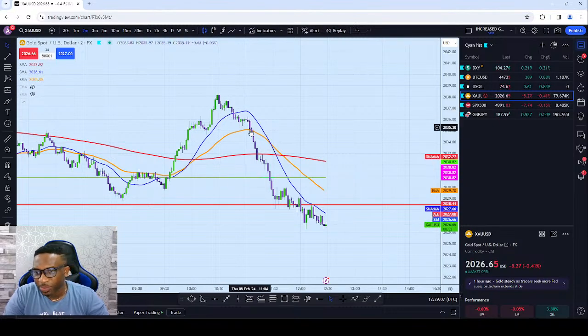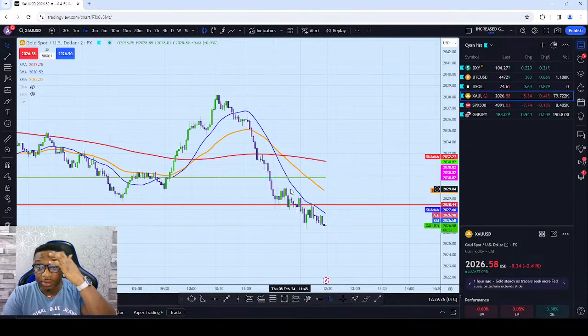So this is gold. Gold had a very nice push down here. This started around 10, almost 11. This would have been a very lovely sell here, a very lovely smooth sell.